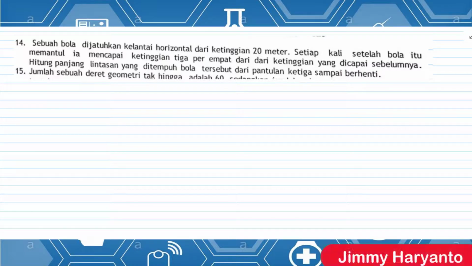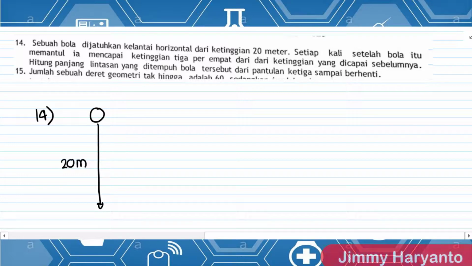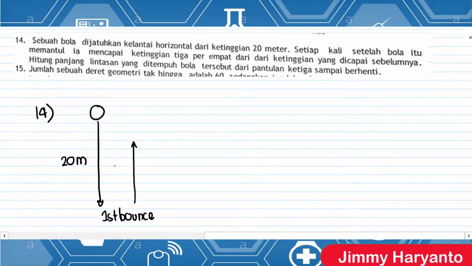Okay, so let's sketch the illustration. First, I have a ball at the height of 20 meters, and then after that, the first bounce will give us 3 over 4 of the height of 20.